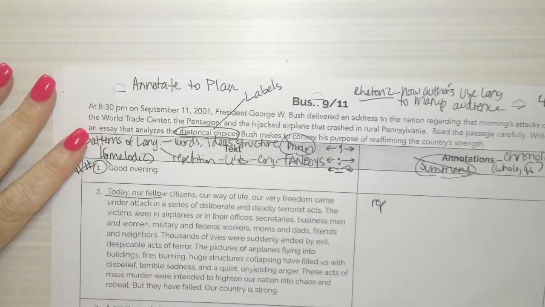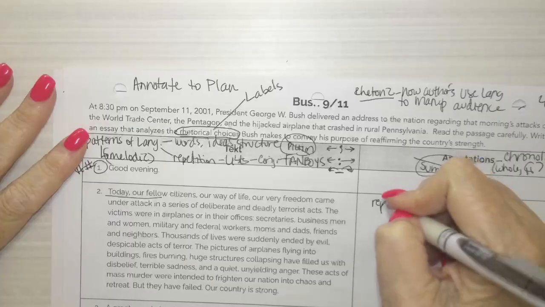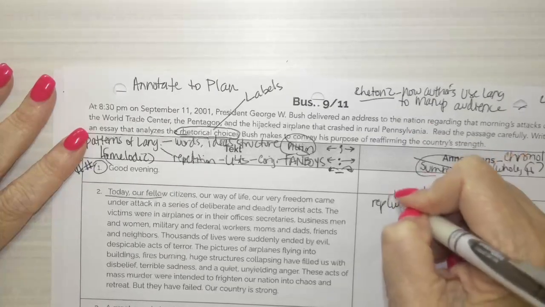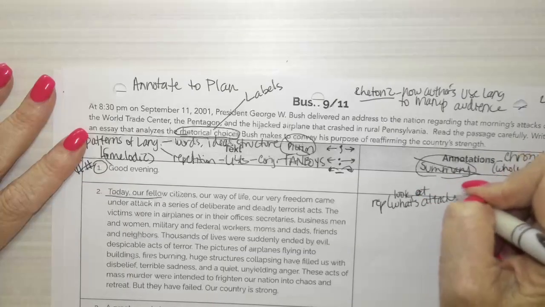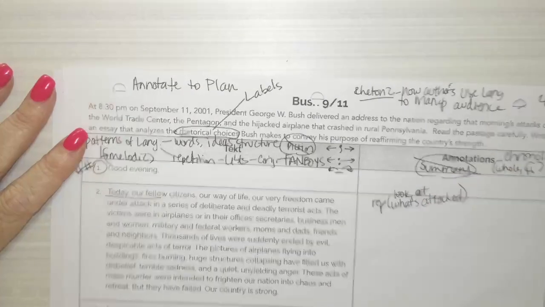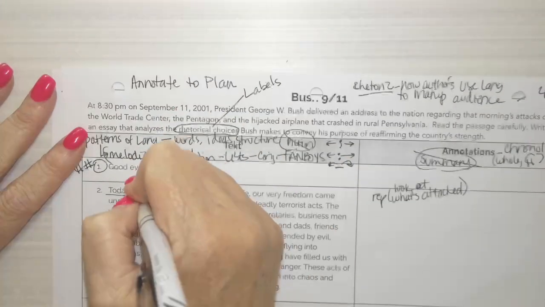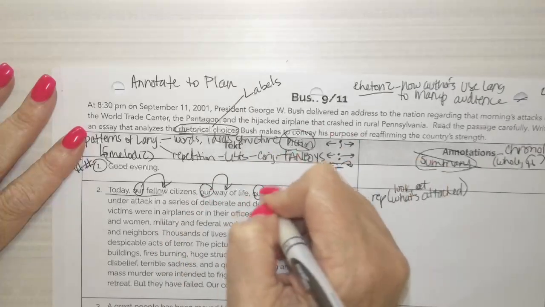Now, one of the most important things about repetition that we remember is when there's a word repeated, we want to look at what's attached. So it's never just the word that is important that's repeated. It is what is attached to it, right? So our fellow citizens, our way of life, our very freedom.